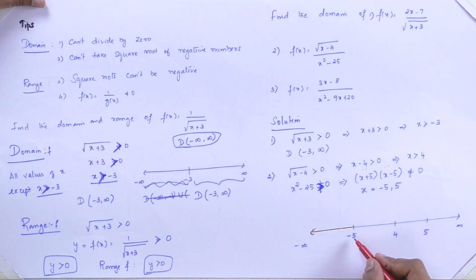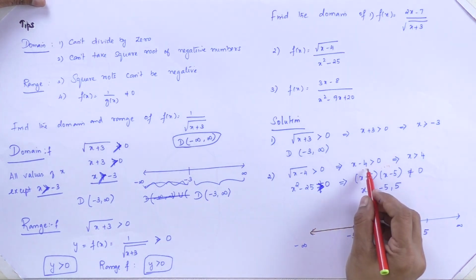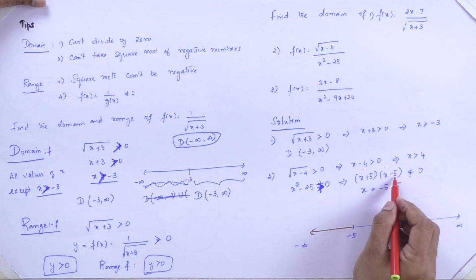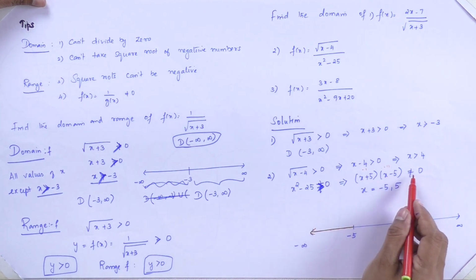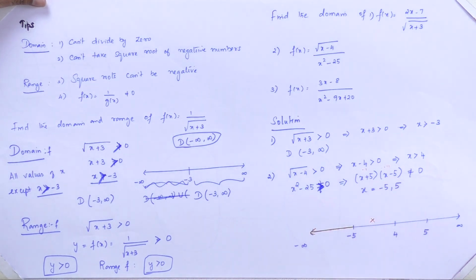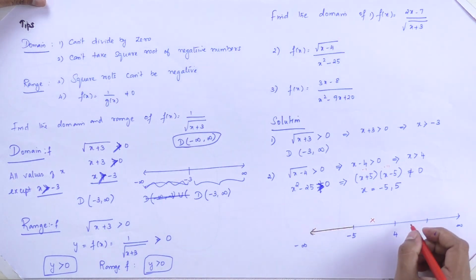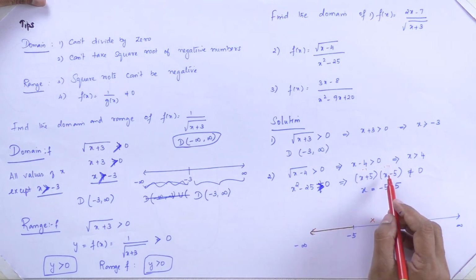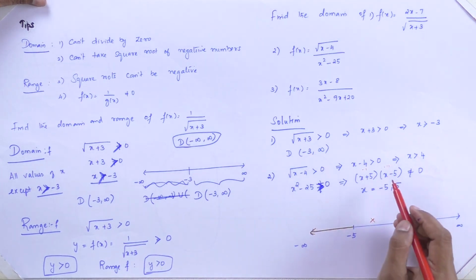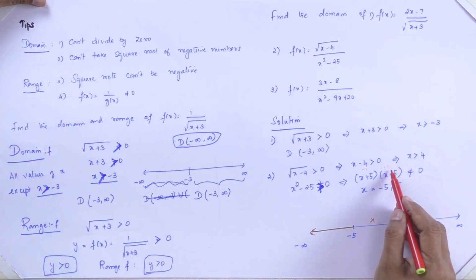So what happens if it takes this value? Between minus 5 and 4, I can have 3. So if I have 3, 3 plus 5 is 8, 3 minus 5 is minus 2, right. So plus into minus is less than 0, here I cannot have it. What happens if I take a value between 4 and 5? Suppose I take 4.5, then it becomes 9.5, and here 4.5 minus 5 is minus 0.5.